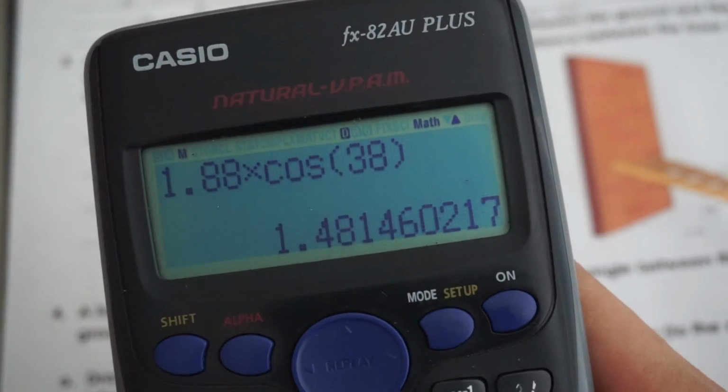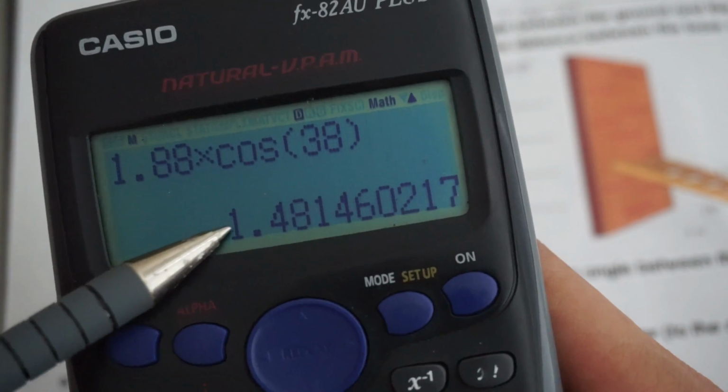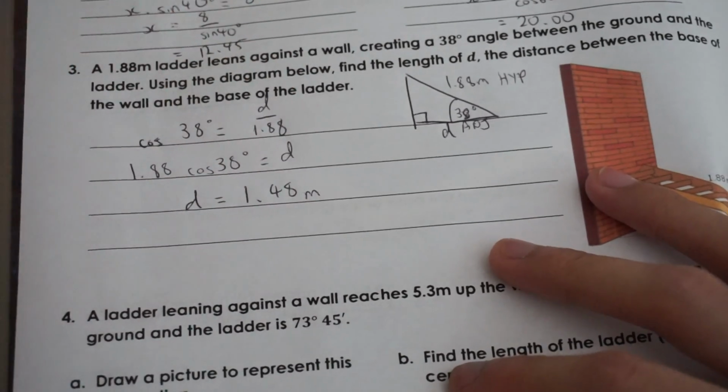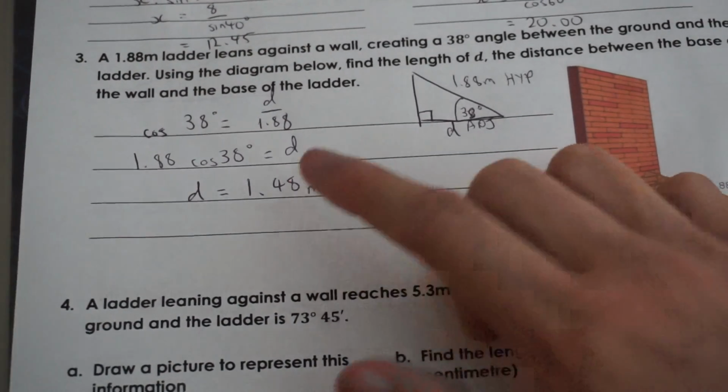It should say to the nearest centimeter there, and that's 1.48 meters, so that's just going to be my final answer to the nearest centimeter.